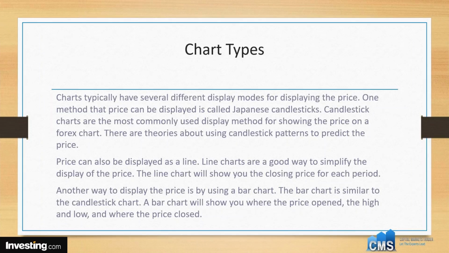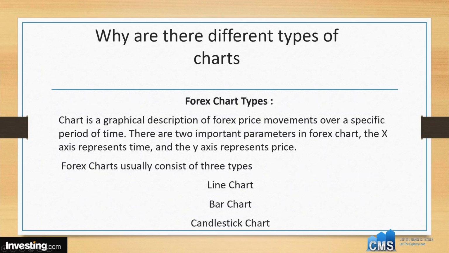To begin with, before you can worry about feeds and data, let's talk about the types of charts that we have out there. There are three generally accepted charts. These are known as a line chart, a bar chart, and a candlestick chart.